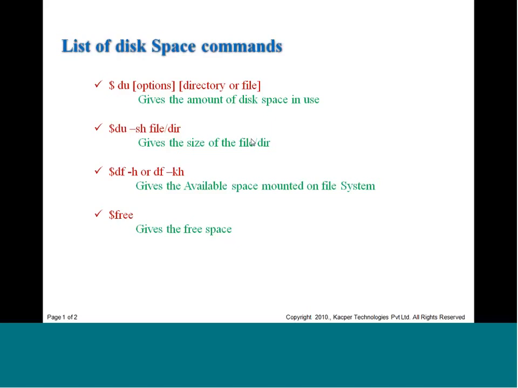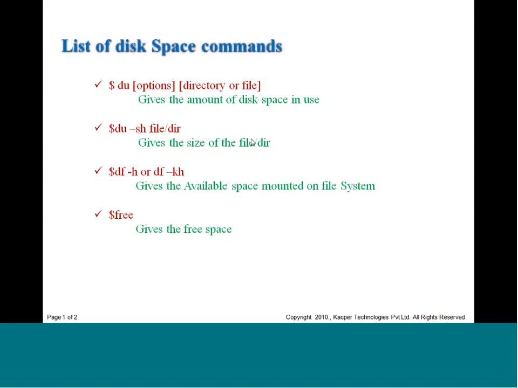So the commands that we study right now are du, which stands for disk usage, and you can give the options as well as the argument. Argument is the directory or the file. It gives you the exact amount of disk space in use.